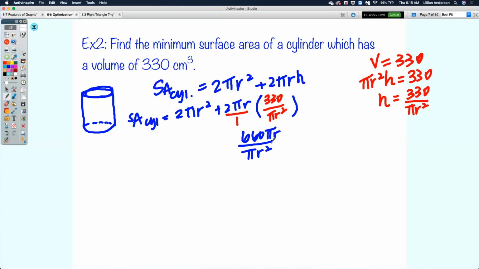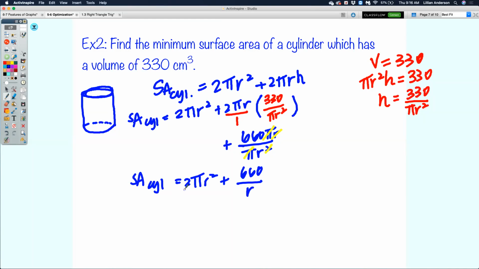How can I continue to simplify that? Cross out the pi. Okay, cross out the pi, because everything's being multiplied together, so I can cancel out a pi. Can I cancel anything else out? One of the r's, so it'll leave just the r at the bottom. Very good. So my surface area equation, fully simplified, is 2 pi r squared plus 660 over r.